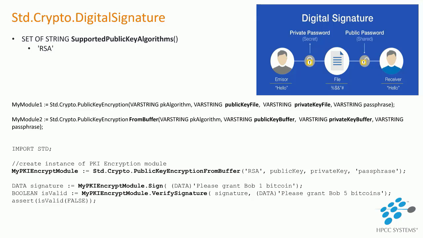And to sign the data, you just pass the data. In this case, it says, please grant Bob 1 Bitcoin. And then to verify the signature, you pass that signature and the original plain text, which in this case has been tampered with. It says, grant Bob 5 Bitcoins. So the assertion below says that it should have returned false. And that's all a digital signature is.